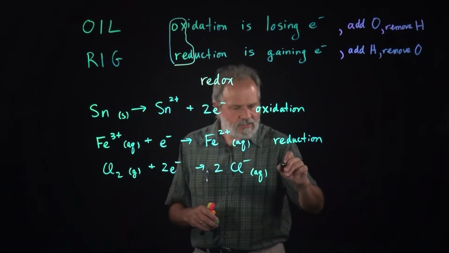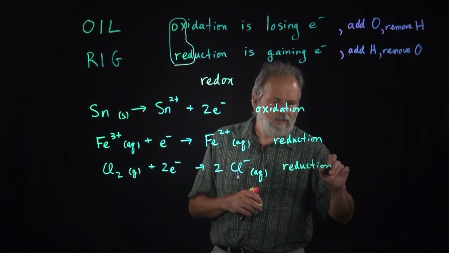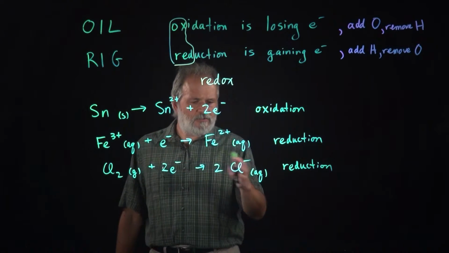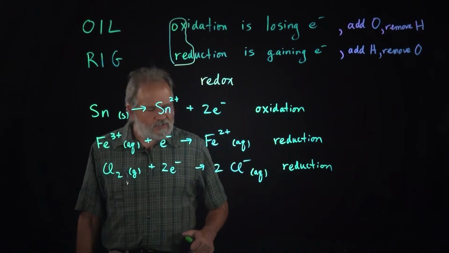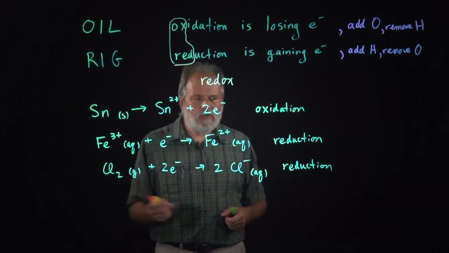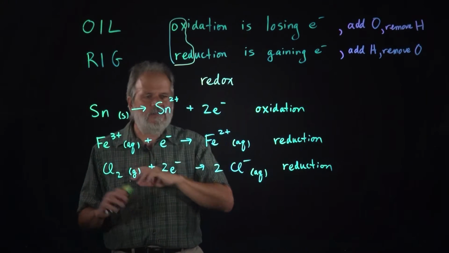And this is also reduction. And the reverse reactions are the opposite process. So for example, if you take 2 chlorides and produce chlorine gas, you'll get 2 electrons coming out. That'll be an oxidation. So if you take 2 electrons, add to tin 2+, you get tin metal. That's a reduction.